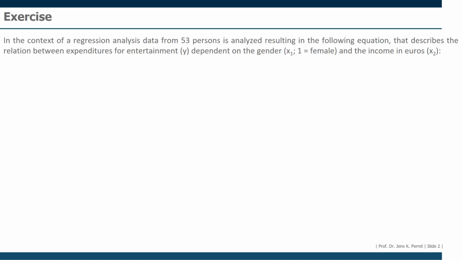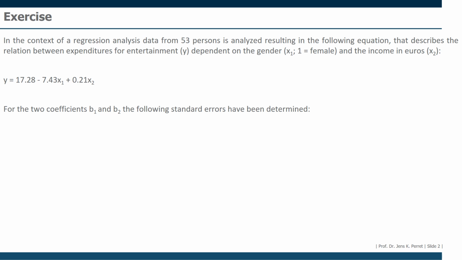In the context of a regression analysis, data for 53 persons is analyzed, resulting in the following equation that describes the relation between expenditures for entertainment, dependent on the gender, x1, and the income in euros, x2. And we have this line here. For the two coefficients, b1 and b2, the following standard errors have been determined.